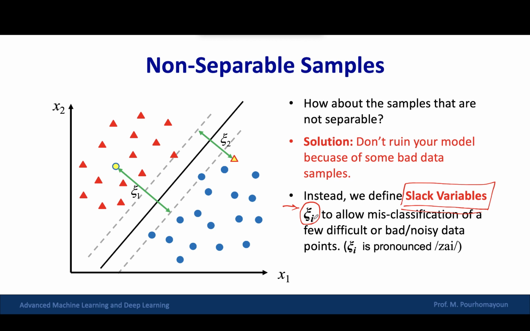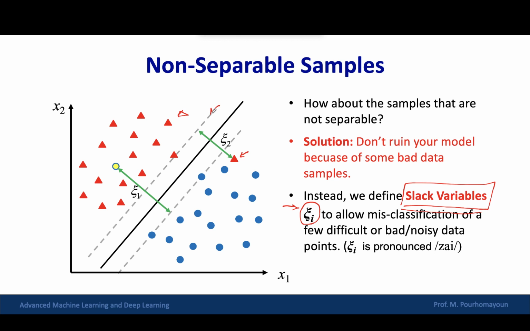So in fact, with these slack variables, I allow misclassification of a few difficult or bad noisy data samples, okay? So this is the slack variable. So look, this red one, this sample, was supposed to be on this side of the line, okay?